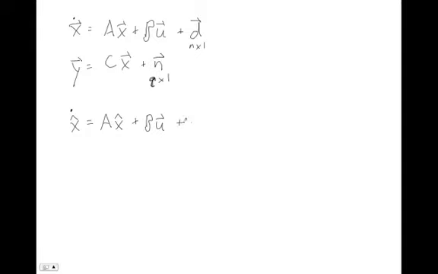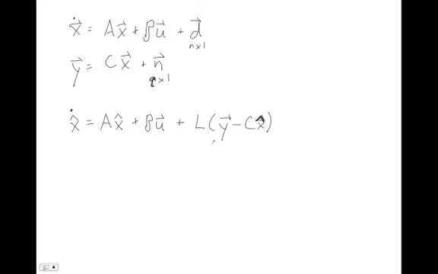So we said we're going to implement a closed loop observer, where we have this observer gain L, and we take the difference between our sensors and our observer sensors, y hat.